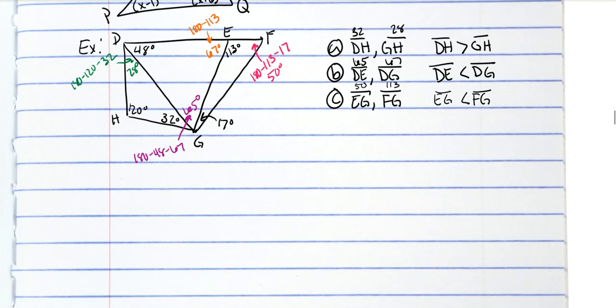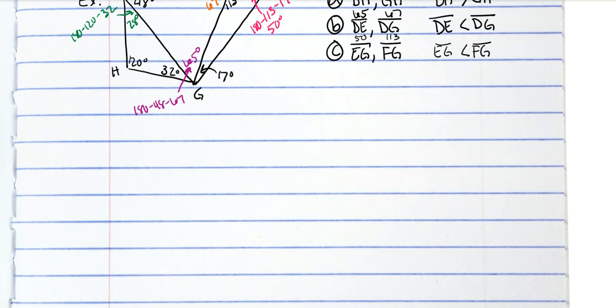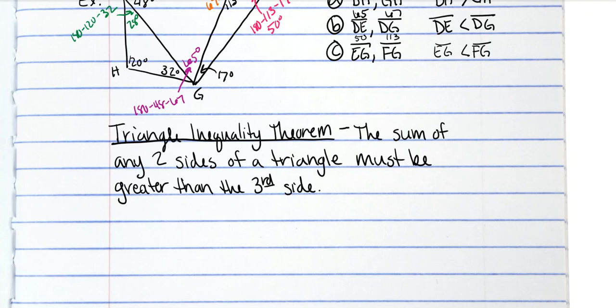All right, then we have the triangle inequality theorem. The triangle inequality theorem says the sum of any two sides of a triangle must be greater than the third side. So whenever you have a triangle, let's call it A, B, C, but I'm going to color code.